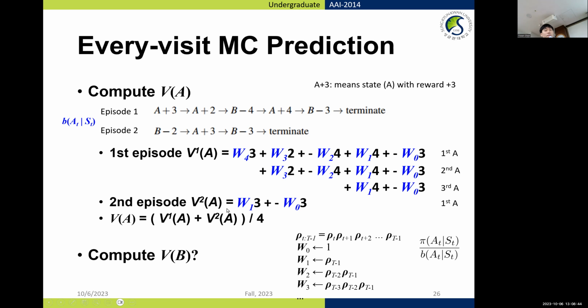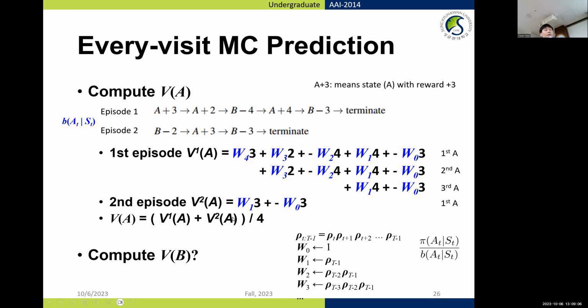Then in episode 2, we need to write twice. Minus 2, so W2 times minus 2, plus W1 3, plus minus W0 3. Then plus the second one, which is minus W0 3.